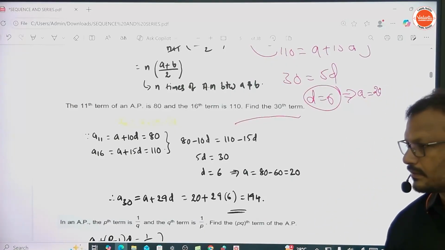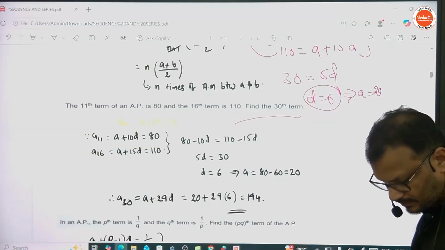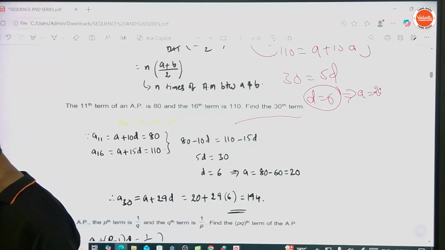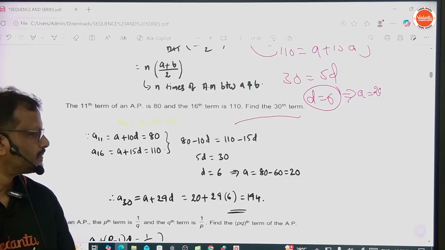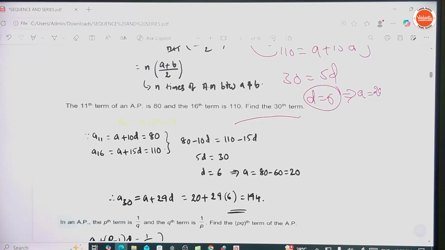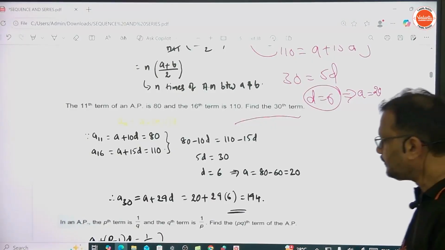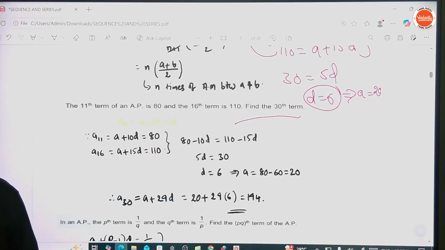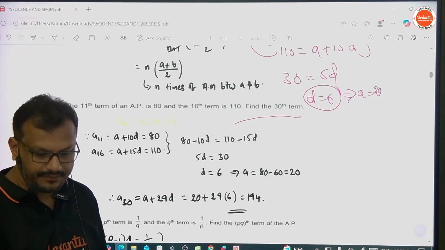Just try now. Slowly simplify them. You'll get the answer.